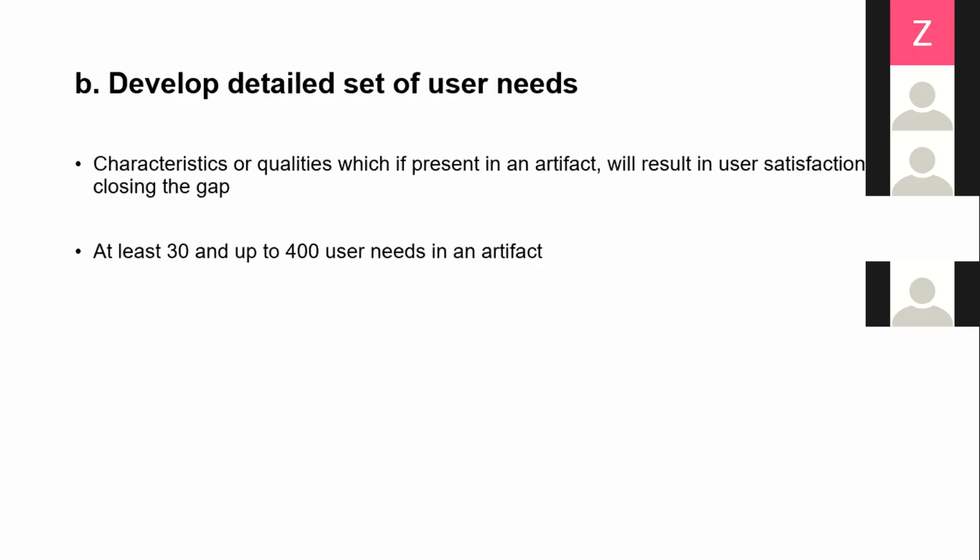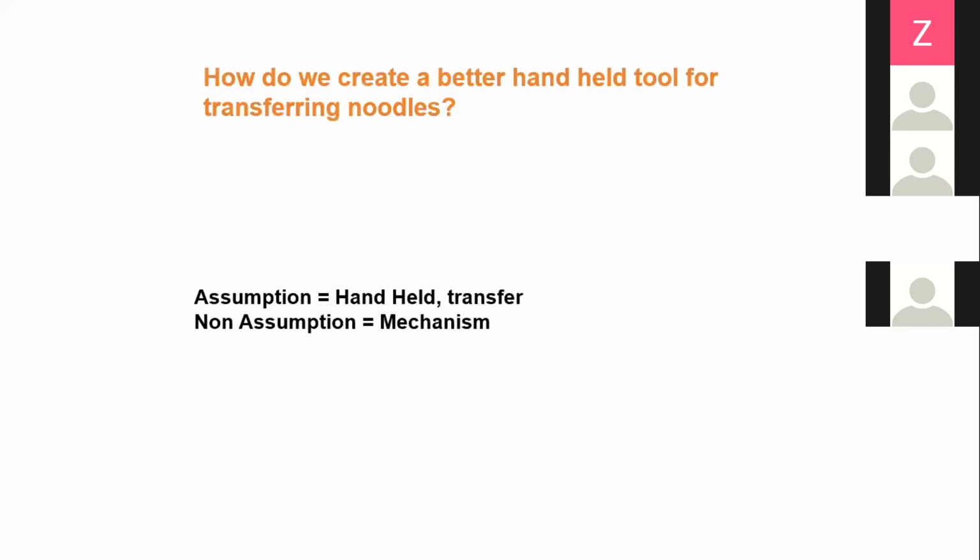And the next part, B, we saw was develop a detailed set of user needs. This is very, very important, because ultimately all this briefing, this design brief we are making, is for the user only. It's not for us, it's for the user. And we want this particular handheld tool to be used by as many people as possible.